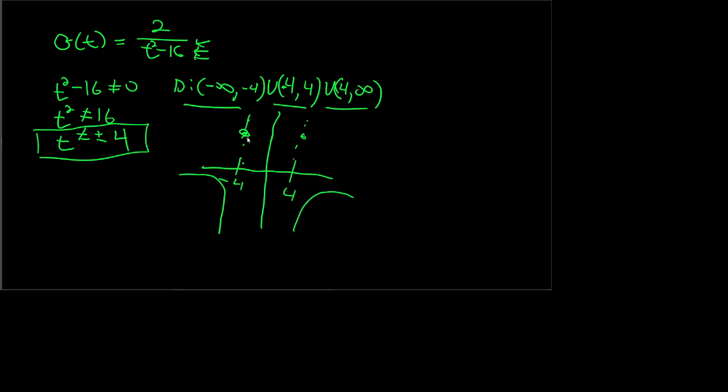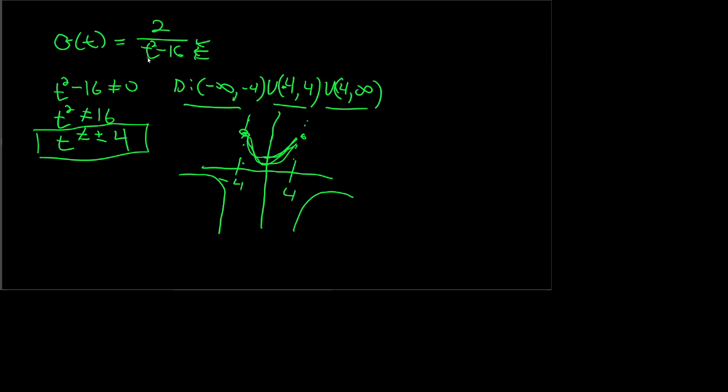And then in here it's going to be positive, let's see, 1, and I think we're going to have something that looks like this. So this is me looking at what the function does. I could plot some test points in each area.